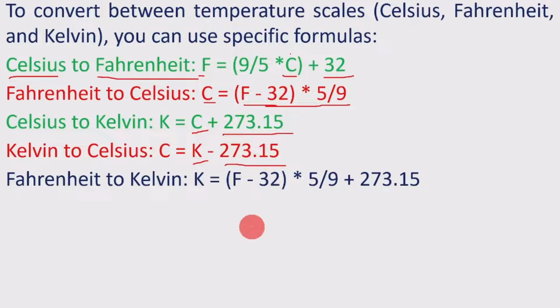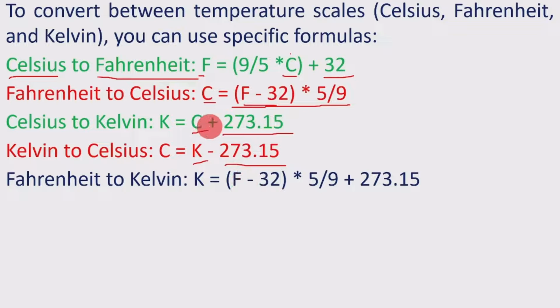For Fahrenheit to Kelvin, we use the relationship with degree Celsius. Kelvin is equal to degree Celsius plus 273.15. Then what degree Celsius is, F minus 32 into 5 by 9, we substitute here.